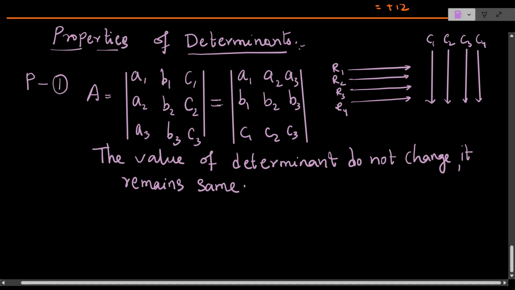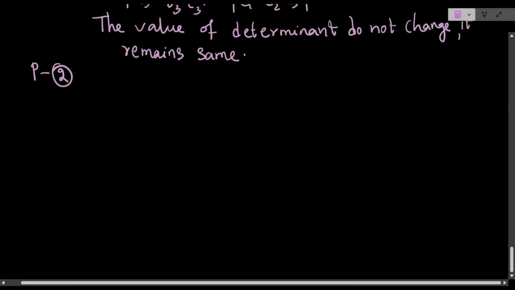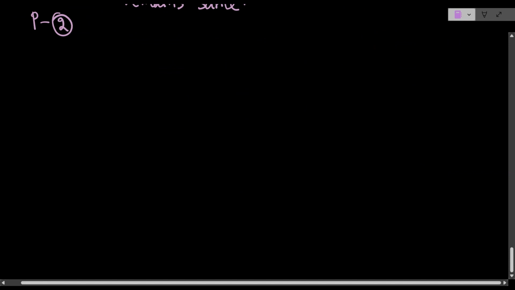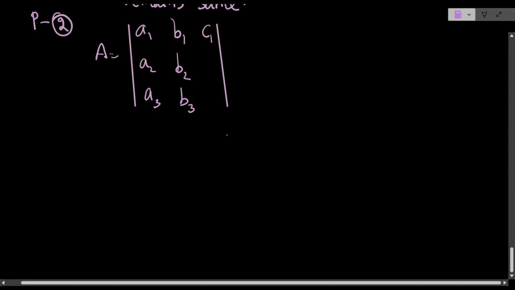Now let us see the second property. Again I am taking the determinant A, that is A1, A2, A3, B1, B2, B3 and C1, C2, C3.